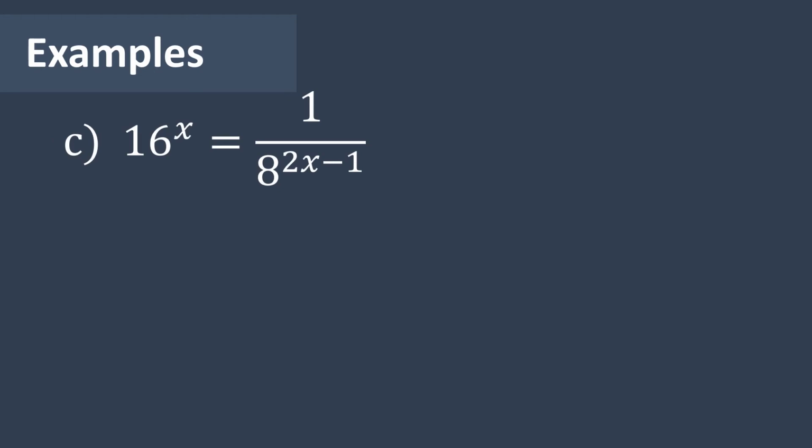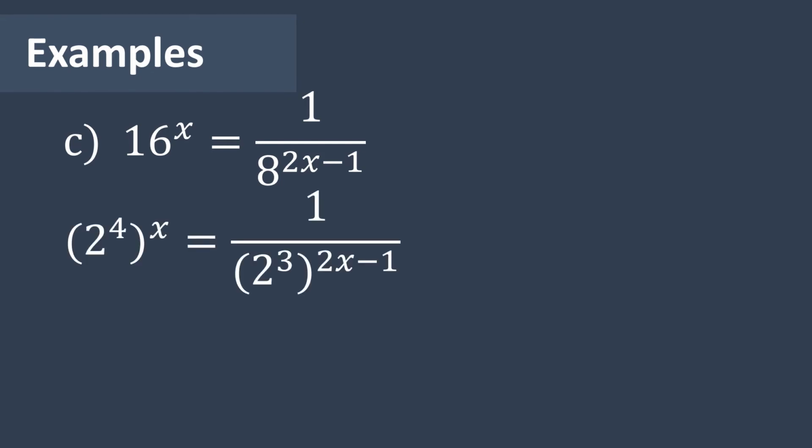Let's have letter C. So we have here 16 raised to x is equal to 1 over 8 raised to 2x minus 1. Since we cannot change them into the same base by following either of them, let's say 8, there will be no exponent for 16.